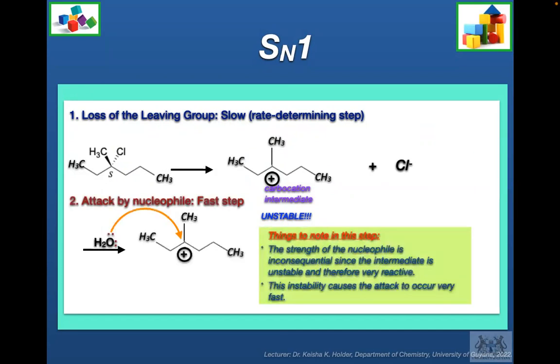So our attack by the nucleophile is a fast step at this point, and one can understand why, because the carbocation that is formed is very unstable. And because it is unstable, in fact, its instability has a lot to do with the fact that the carbon is electron deficient. It is electron deficient in the sense that it has only 6 electrons surrounding it.